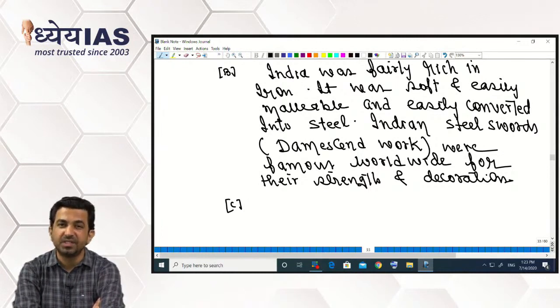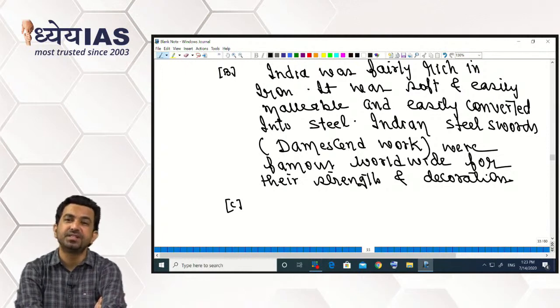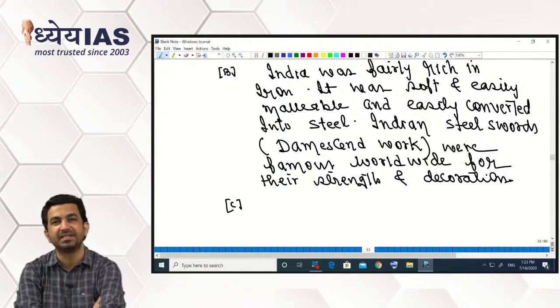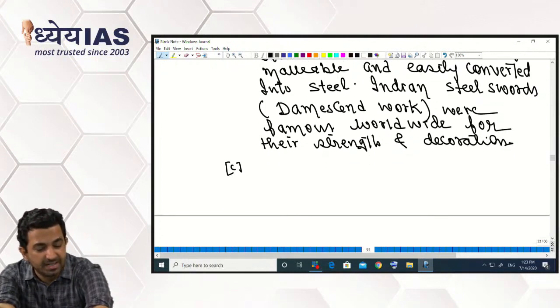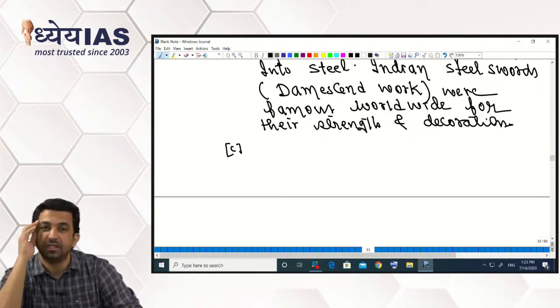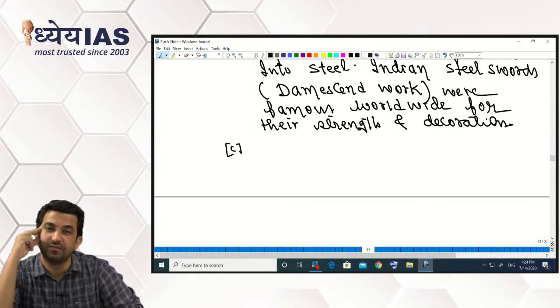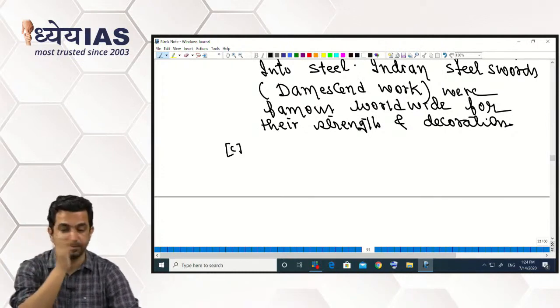So the Europeans came to India, purchased our cotton and silk cloths, took them to European and other markets, sold them there and made huge profits. Indian weavers were great experts at producing varieties of cloths.